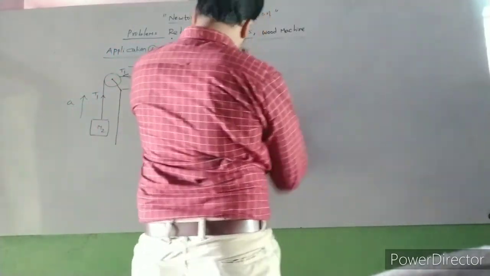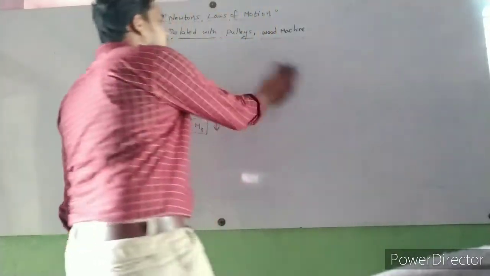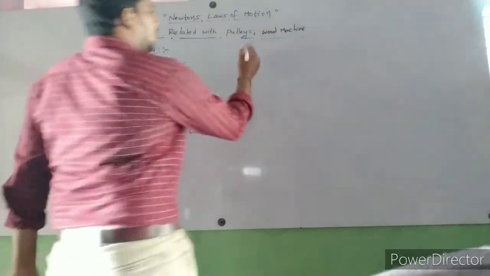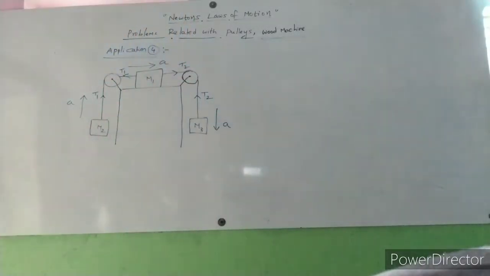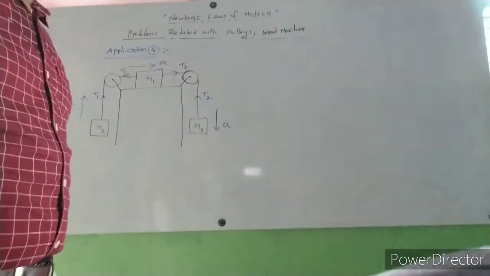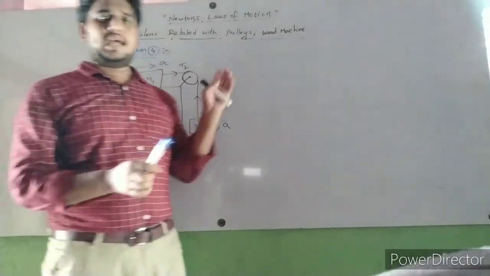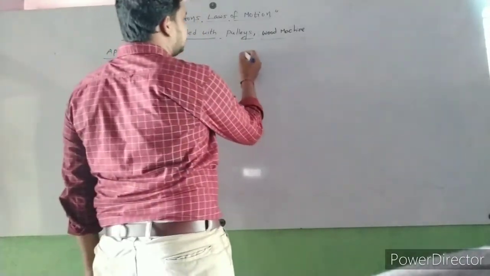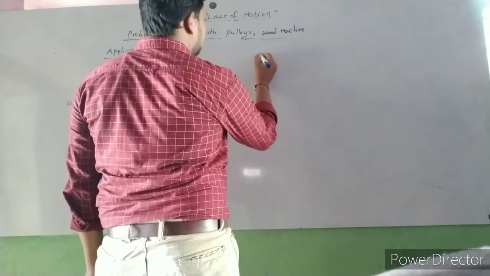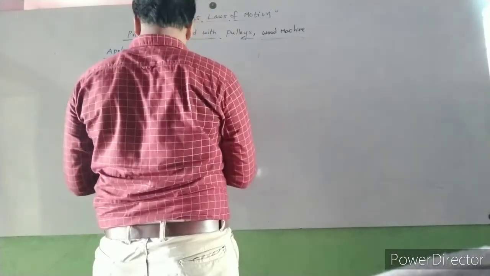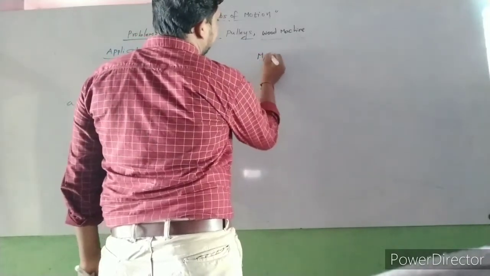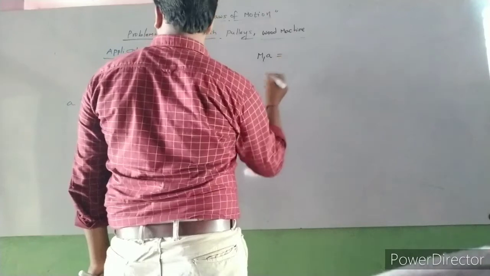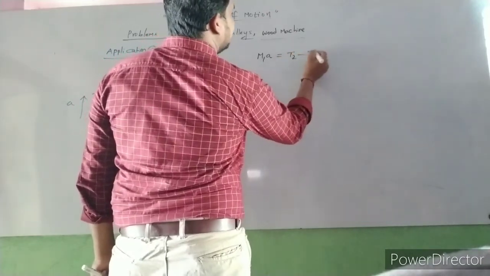So write equations 1, 2 and 3 on one side here. Equation 1 is M1 into A is equal to T2 minus T1.